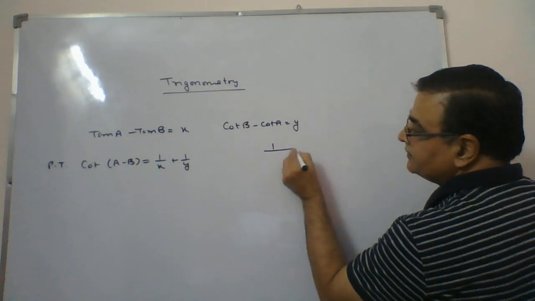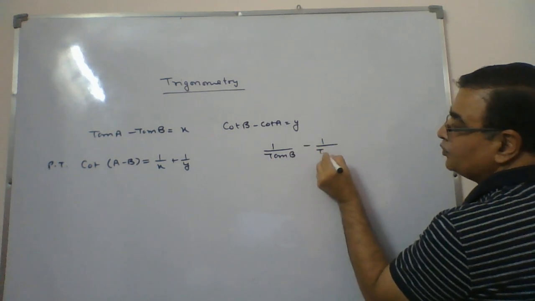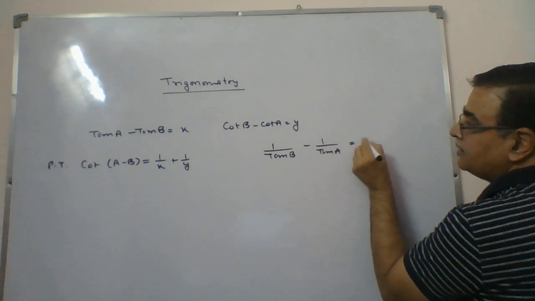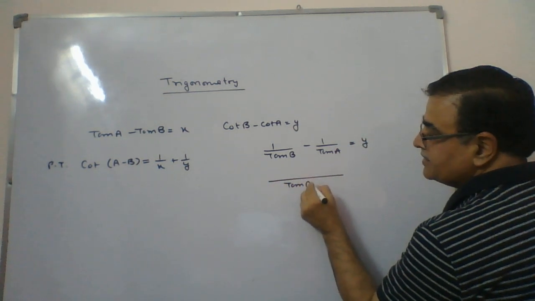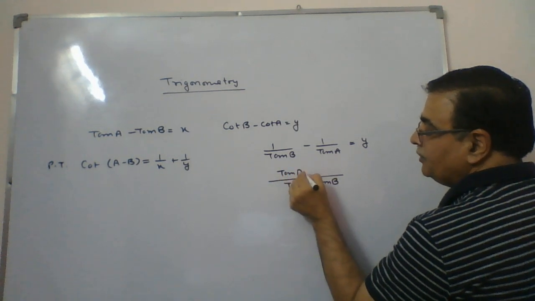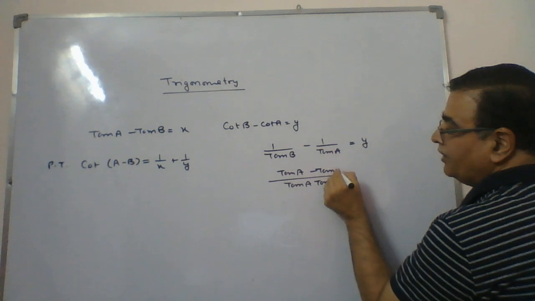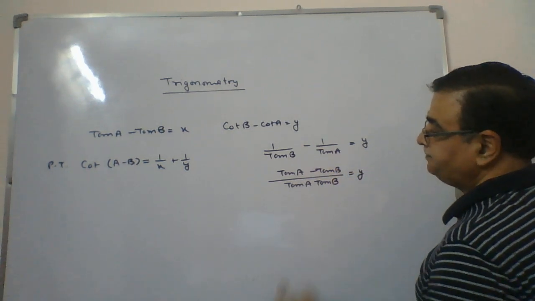So I'll write this result as 1 by tan B minus 1 by tan A comes out to be y. Then we go for the LCM as tan A into tan B, and this comes out to be (tan A minus tan B) over (tan A tan B) equal to y. Okay.